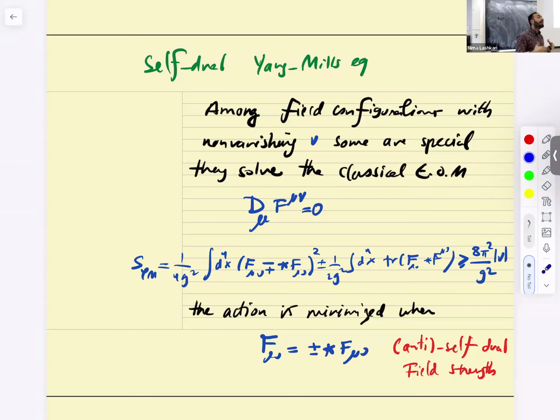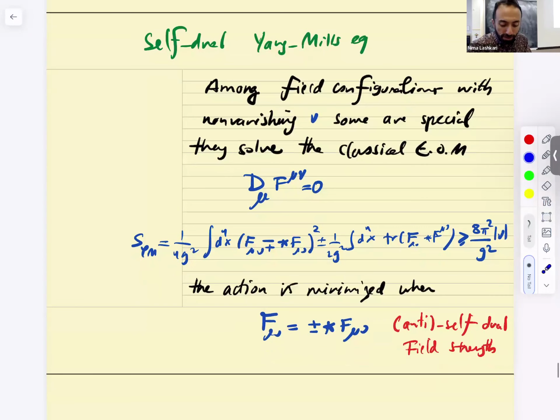Of course, it solves the classical equations of motion, so that at every point F mu nu, the local physics, the gauge invariant physics, is going to be invariant, right? Here's a trick we're going to play.